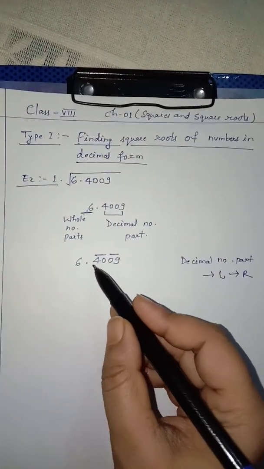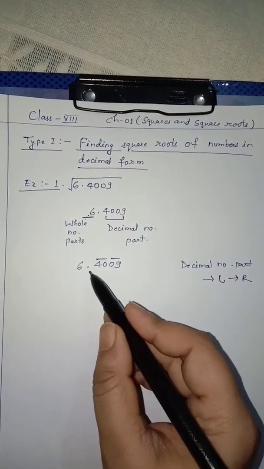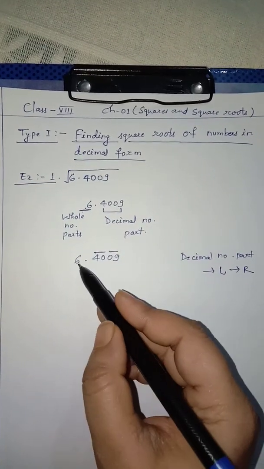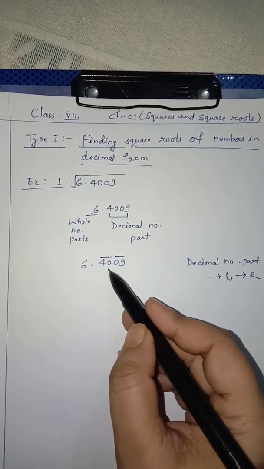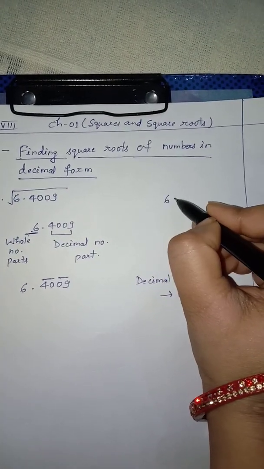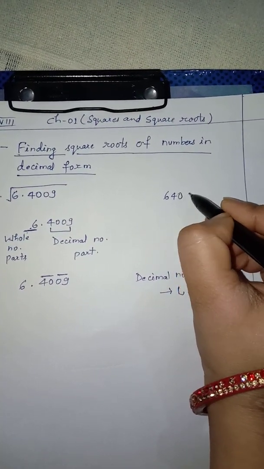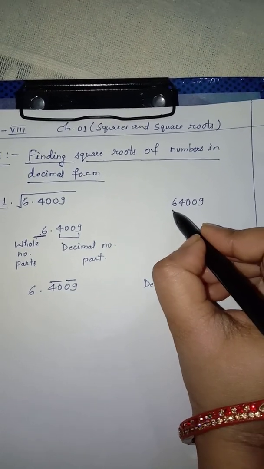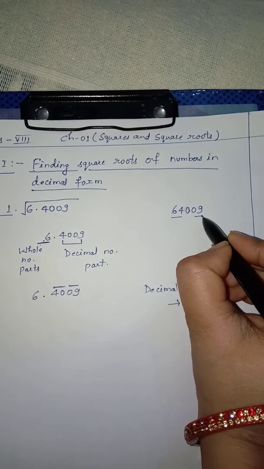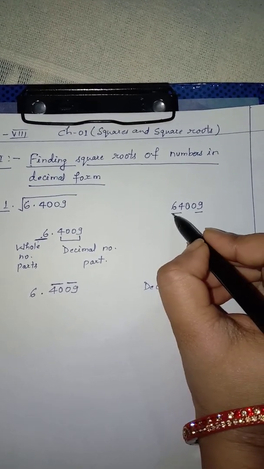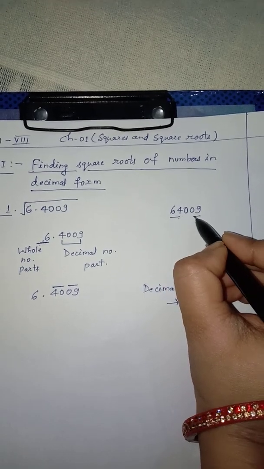Suppose that in this number there is no decimal. Then it is clearly 64009, it means 64,009.